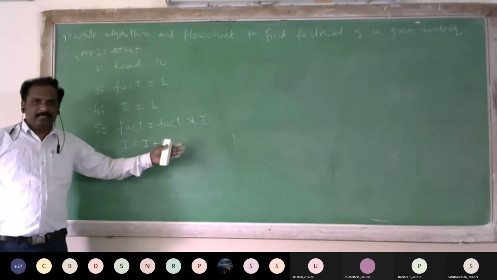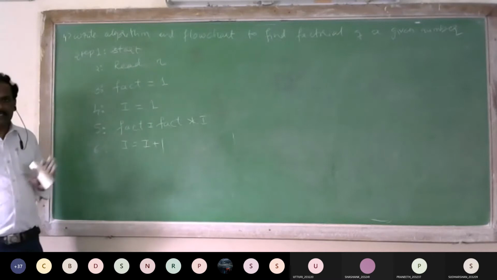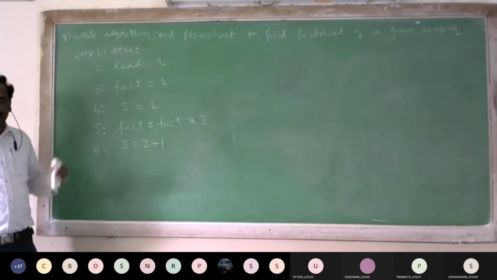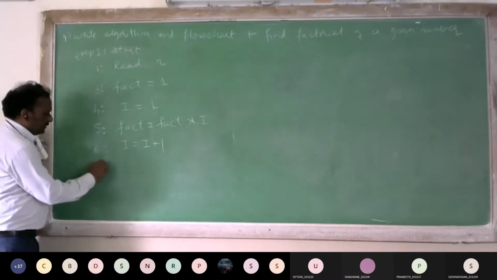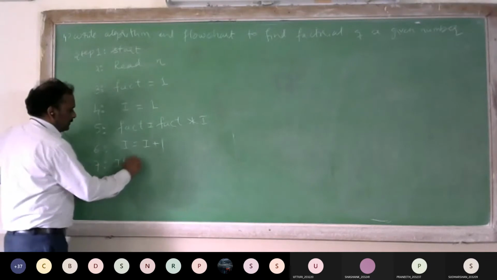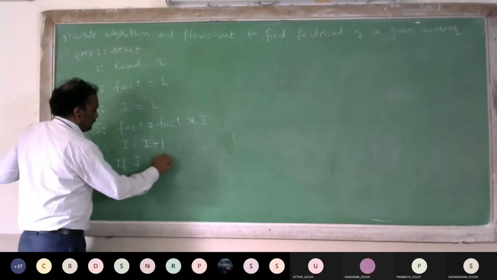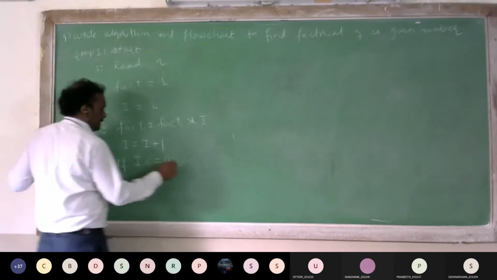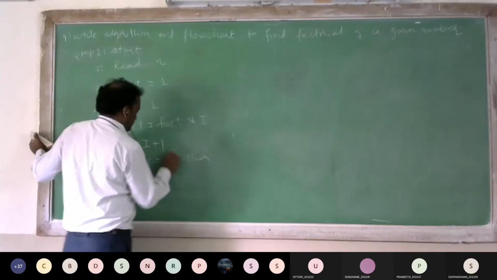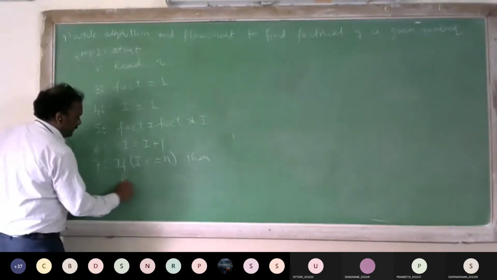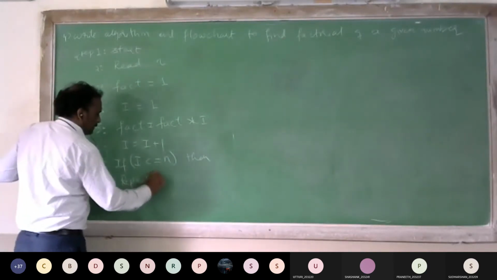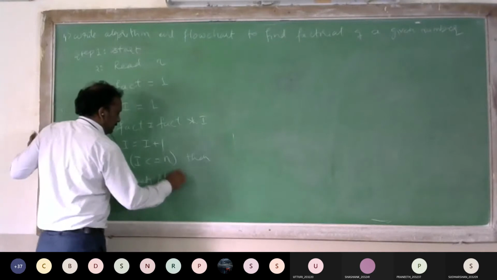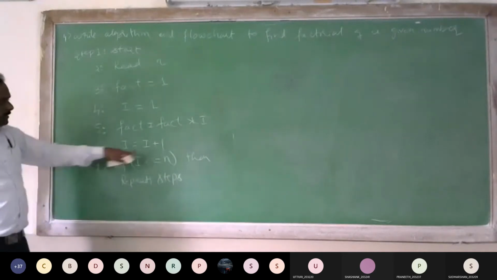When I is greater than n, then by that time the fact is containing our expected result. Print that result. What is the seventh step? If I is less than or equal to n, then repeat the step.